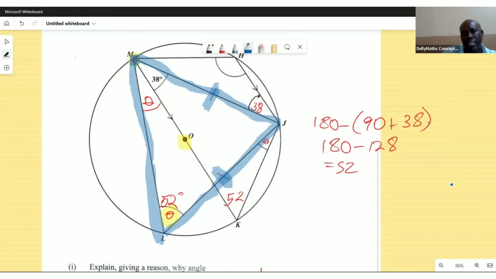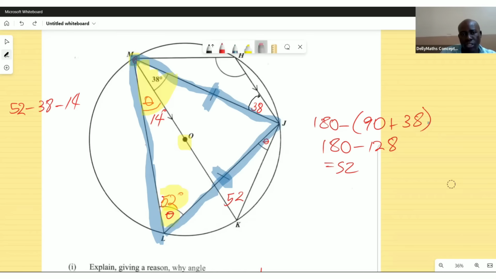With that isosceles triangle, I could tell you that all of this angle here is 52, like this 52 here. Which means I need to say 52 minus 38, which gives me 14. So this little piece here is 14 because everything here is 52.